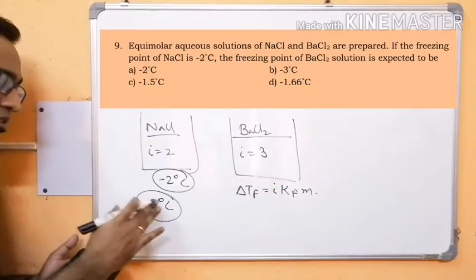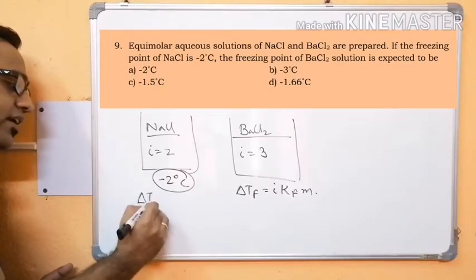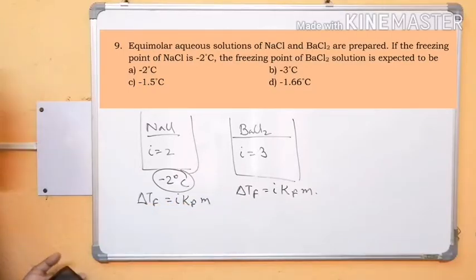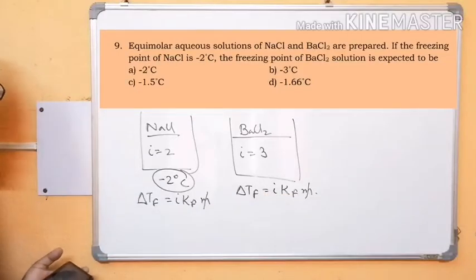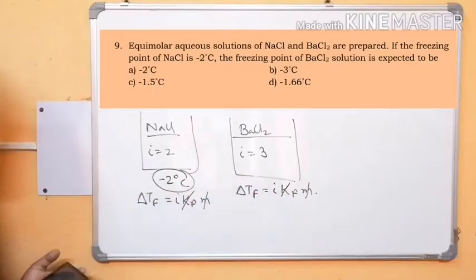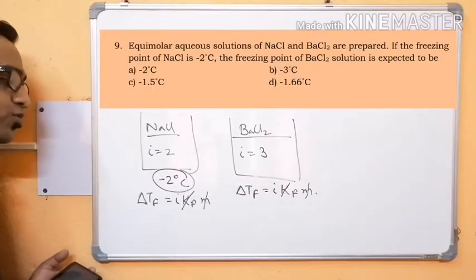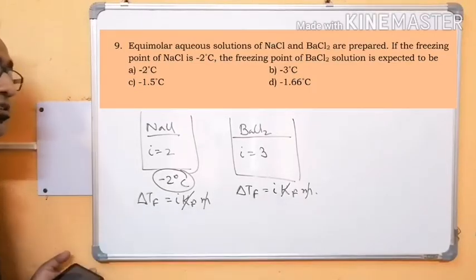Here the molarity of both solutions, since it is equimolar, is same. The KF is a constant which depends only on the solvent, that is water, so in both cases the KF is also same. So we can see delta TF is proportional to i.